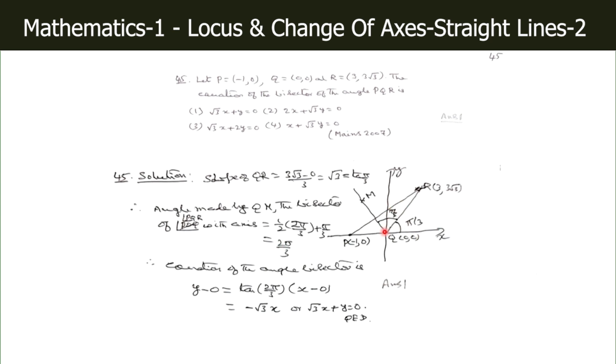See the figure. QM is the angle bisector of angle PQR, and QM makes an angle of 2 pi by 3 with the x-axis.